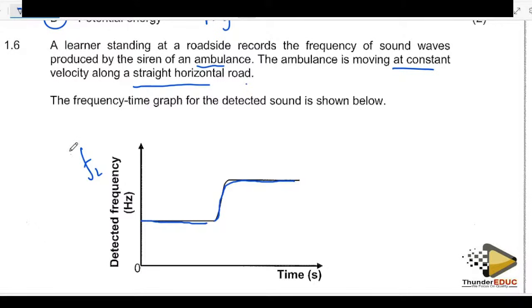If the frequency of the listener overall increases, it means the ambulance is approaching the learner, or it's moving towards the learner. That is the kind of conclusion you can have. So probably it was moving from a distance and then it comes towards the learner.